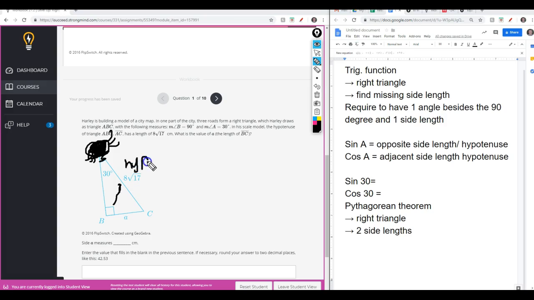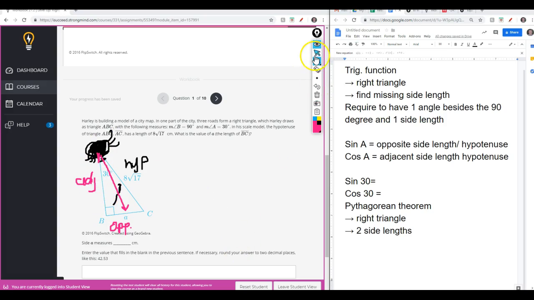This perspective of this angle is what's going to help me label the other 2 side lengths. If I go directly across, the side length that's directly across from the angle is called the opposite. And the side length that's touching this angle that's not the hypotenuse is the adjacent. Adjacent means next to, so it is next to it.